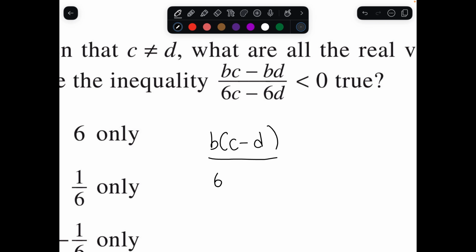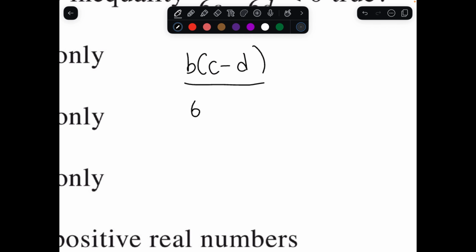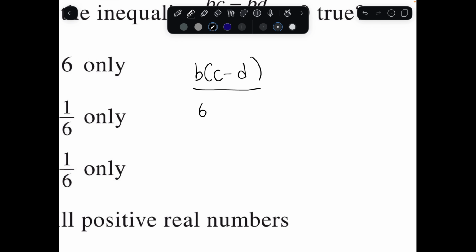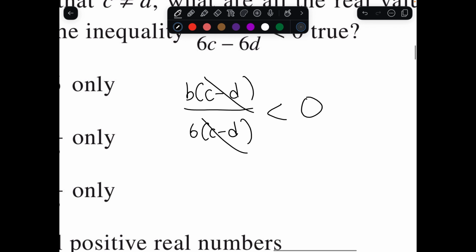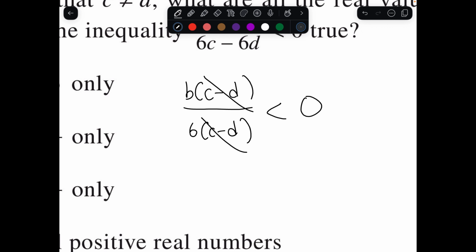And let's factor out 6 from the denominator. And you get this. And now the C minus D just cancels out, right? Because it's both in the numerator and the denominator. So it cancels out. You get B over 6 is less than 0.